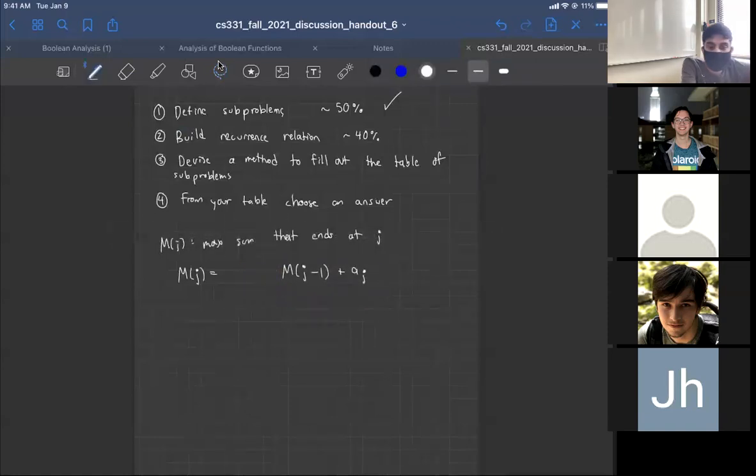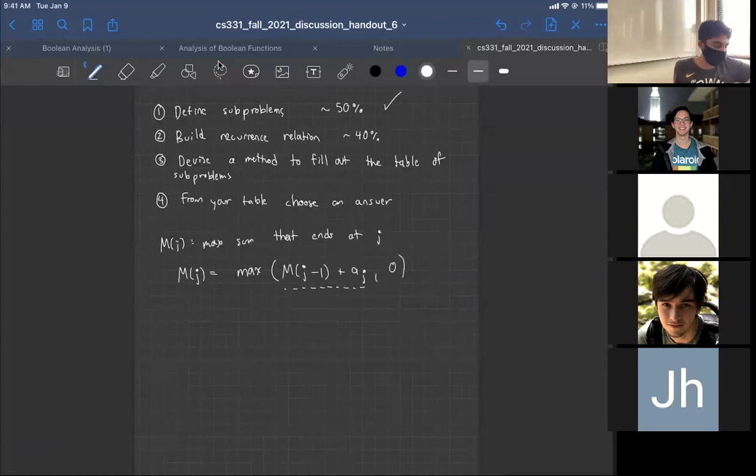But what if this is 0 or less than 0? Then we don't want to include a negative sum at any point. You never need to include a negative sum because you can always consider the empty set. So in the case that this is less than 0, we'll just replace it with 0. So either this is greater than 0, or we'll say the empty set ends at j.